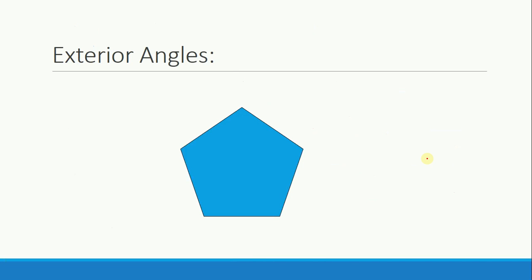Alright, let's take a look at exterior angles now. You're probably like, what's an exterior angle? Well, ultimately, it's the angles that are swept out if I extend each side here. It's the angles that are left behind after you cut off the sides. So I marked in all the exterior angles here.